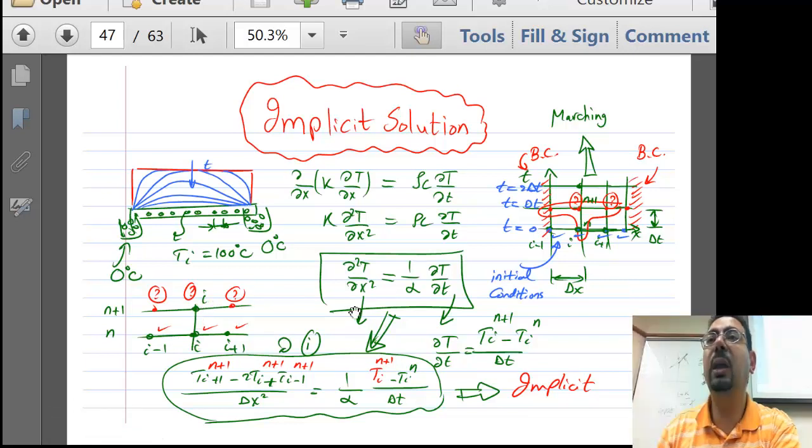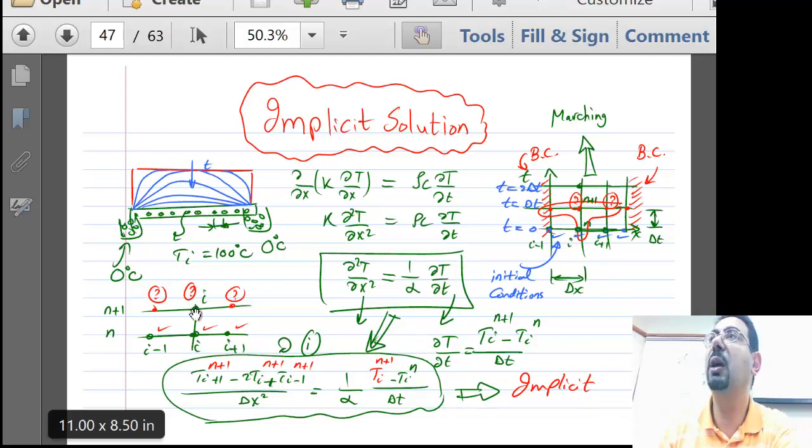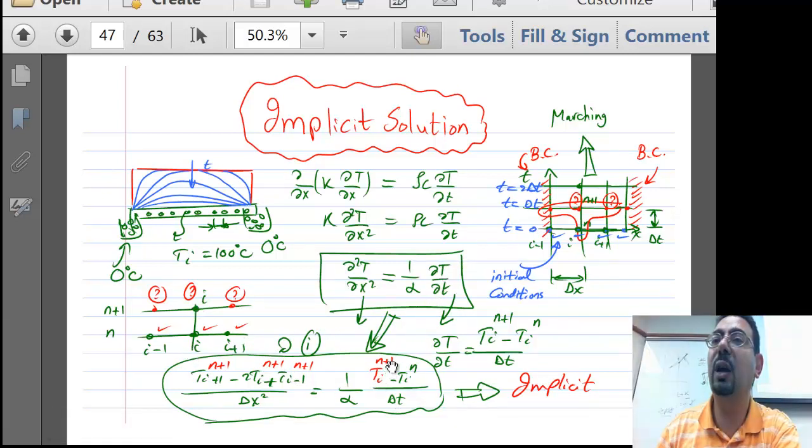That will then mean that the second partial derivative with respect to x will all be filled with the new values. That's 3 unknowns. And for the partial derivative with respect to time, it will be backward now. It will be T of i at the new time minus T of i at the old time.